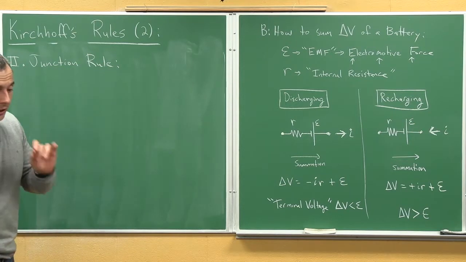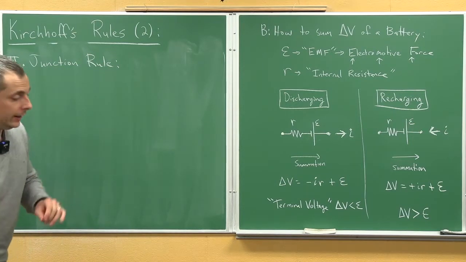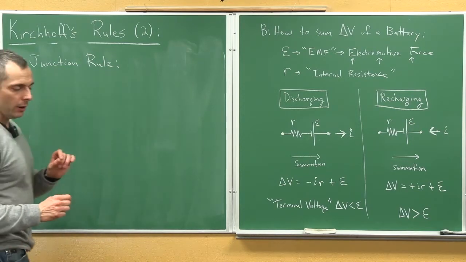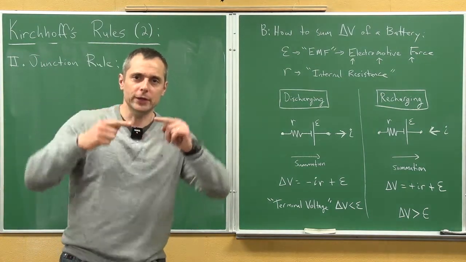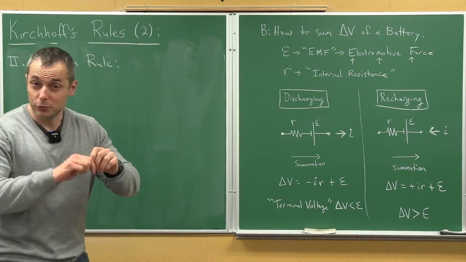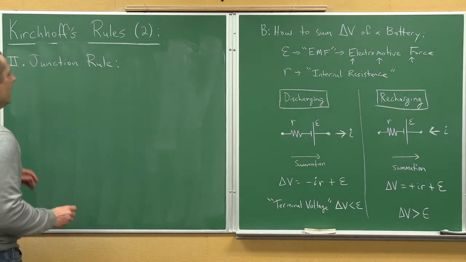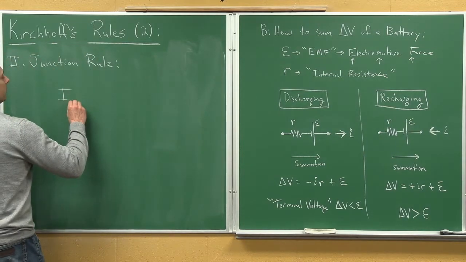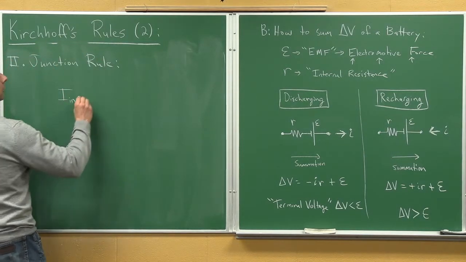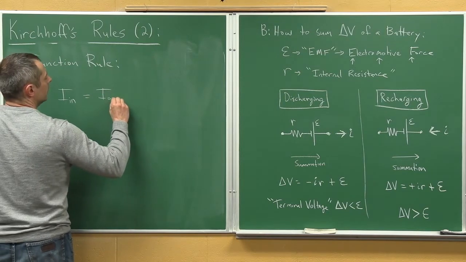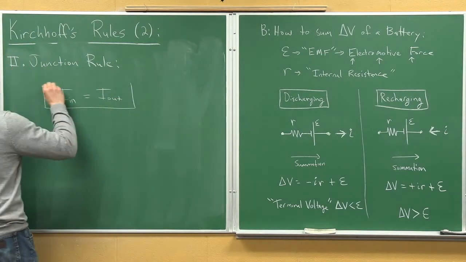Okay, so the junction rule says that in any junction, and what we mean by a wire junction is wherever wires join together, like if you twist them together or solder them together, then the current going into that junction has to equal the current going out of the junction.